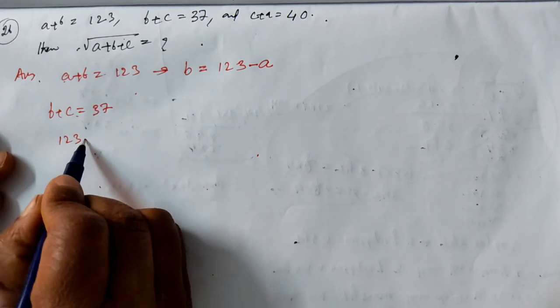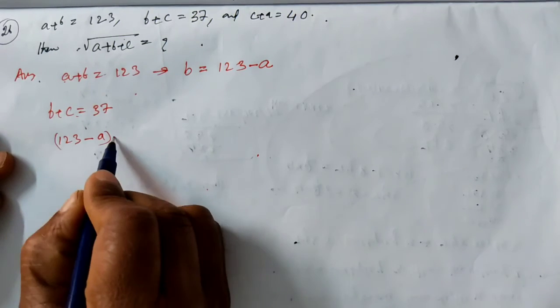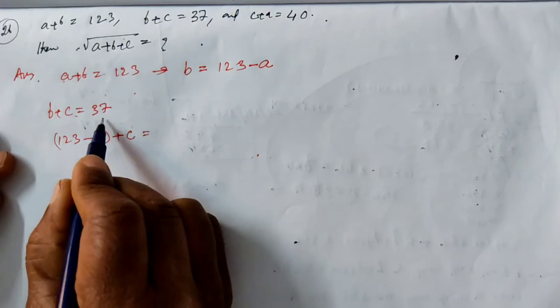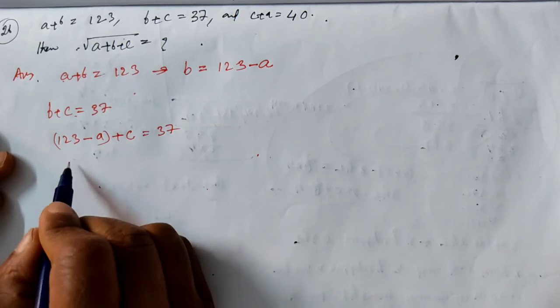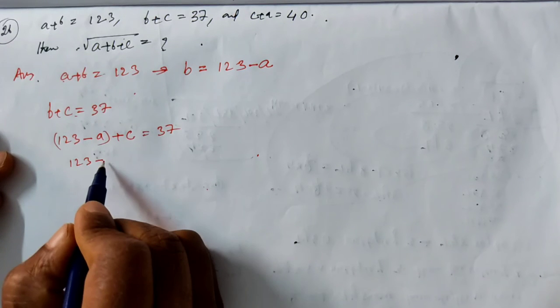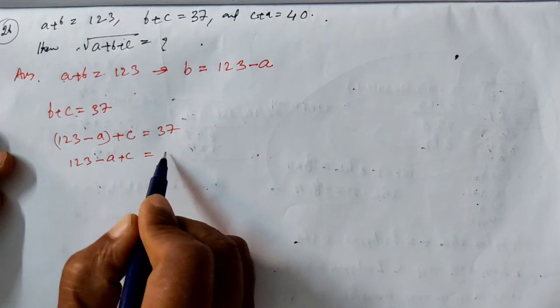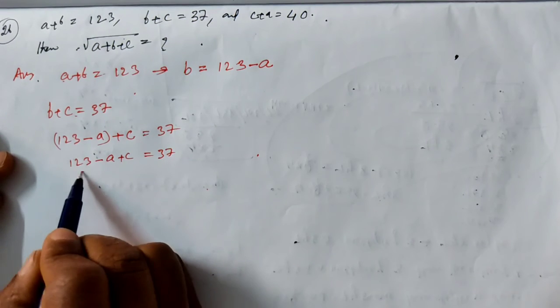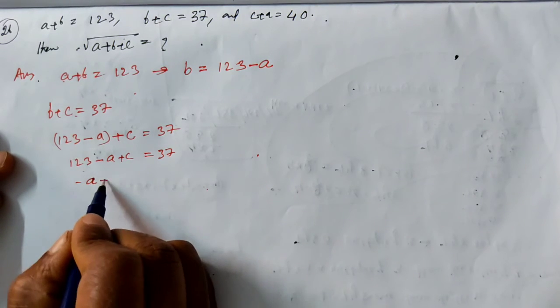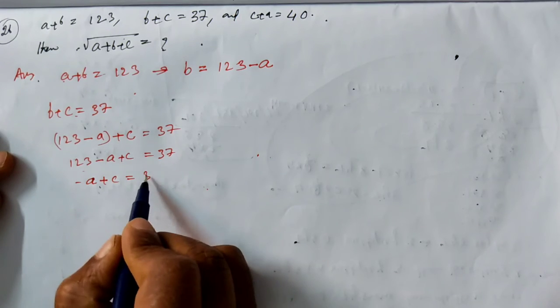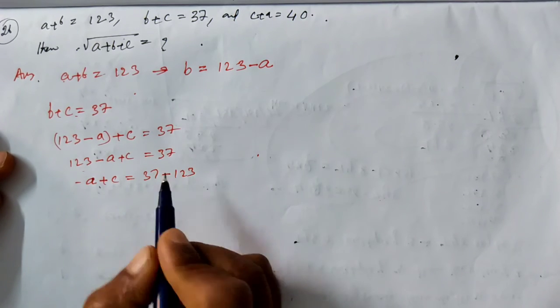So 123 minus a plus c is equal to 37. So transpose this to that side. So minus a plus c is equal to 37 minus 123.